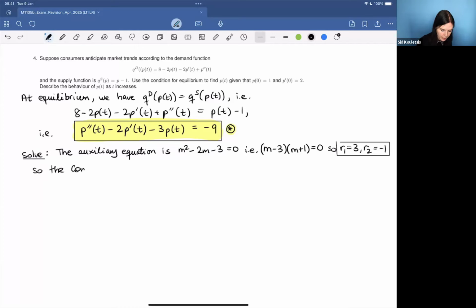And so the so-called complementary function is P of t equals a times e to the r1t. So that's 3t plus b times e to the r2t. So that's minus t, where a and b are arbitrary constants.